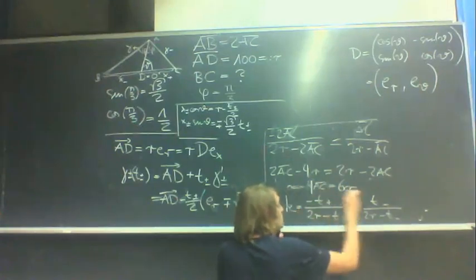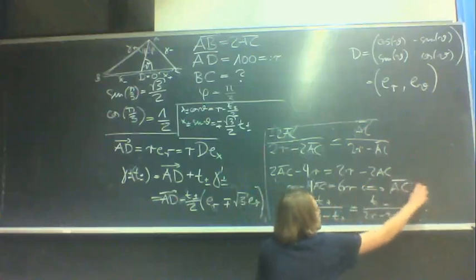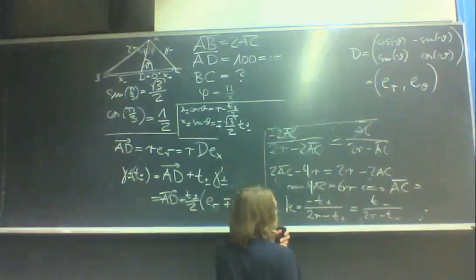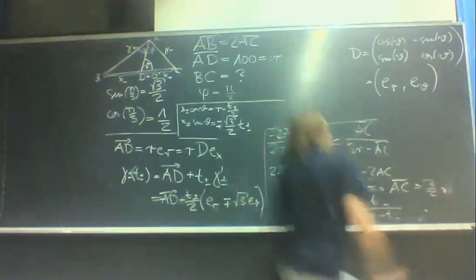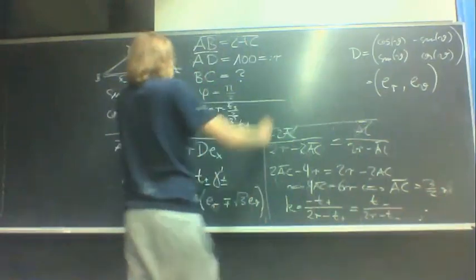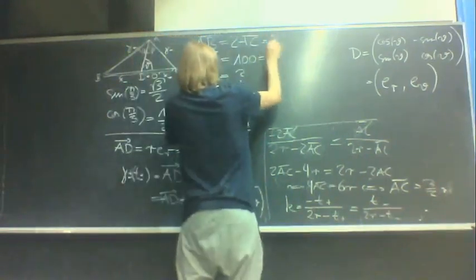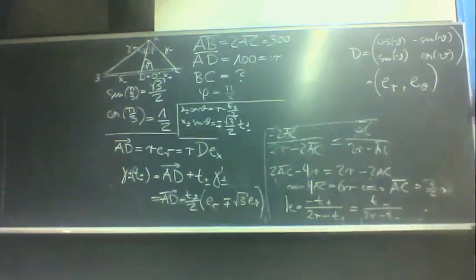Now we know that AC is equal to 6 over 4 times r, and this is just 3 over 2 times r. So we know that AB is 2 times this thing. This will be 3r. Just write it down there.